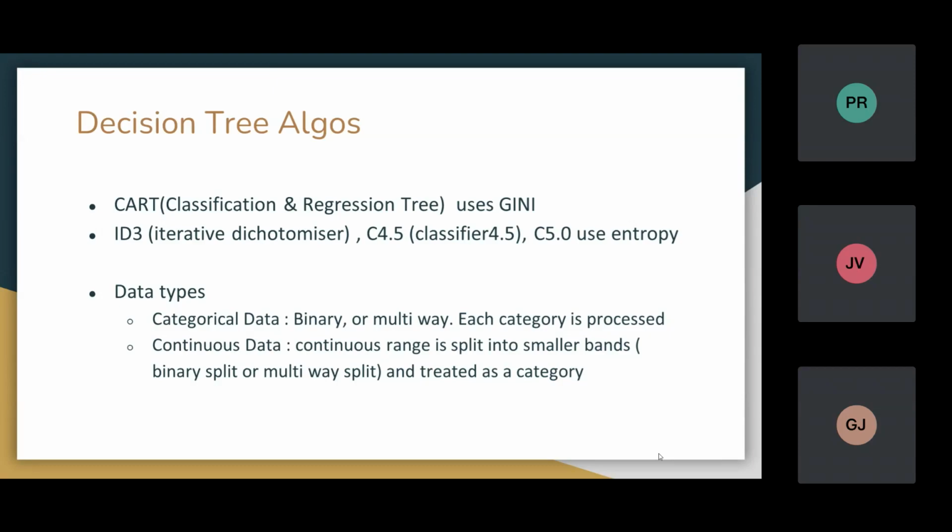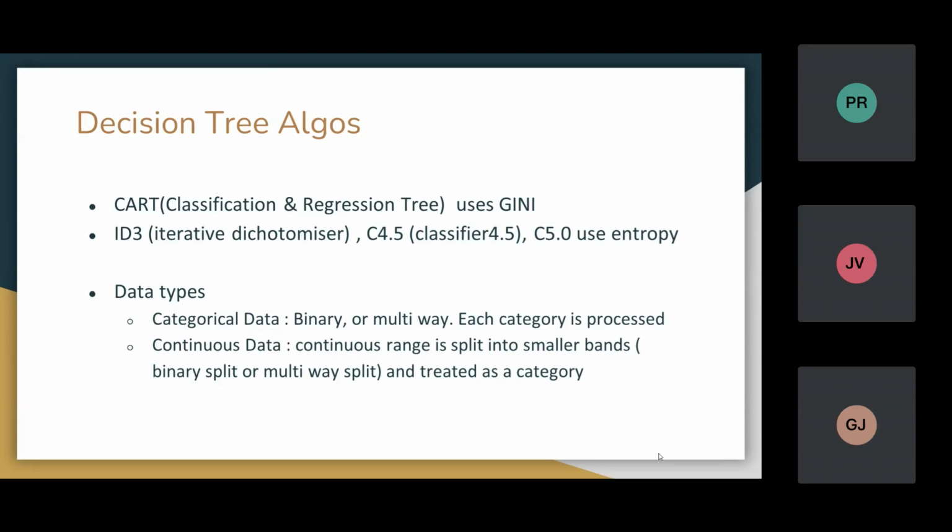We also have ID3, C4.5, the popular classifier, and a modified version of that, C5.0. All three of them use the entropy based mechanism for determining the splitting nodes. And all these four decision tree algorithms work on categorical data as well as continuous data, right?